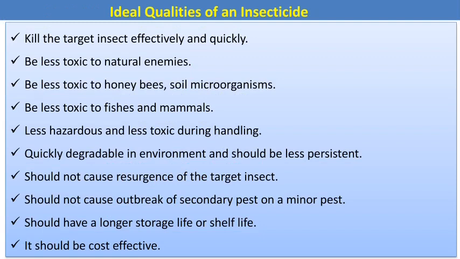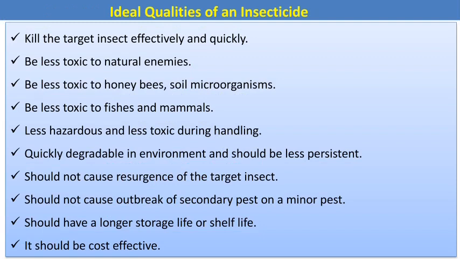The insecticide should kill the target insect effectively and quickly. It should not be toxic to natural enemies, honeybees or soil microorganisms, or to mammals and fishes. It means it is very effective against the insect pest population, not the other beneficial insects.